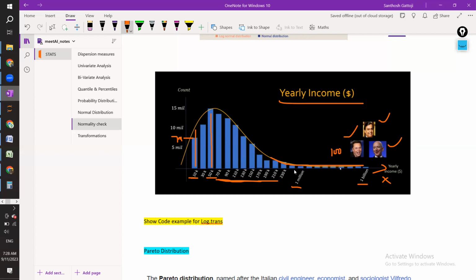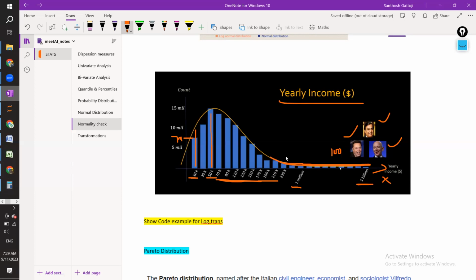That's why in a log normal distribution, very few people will have extremely high values, with small frequency, which results in this skewness.